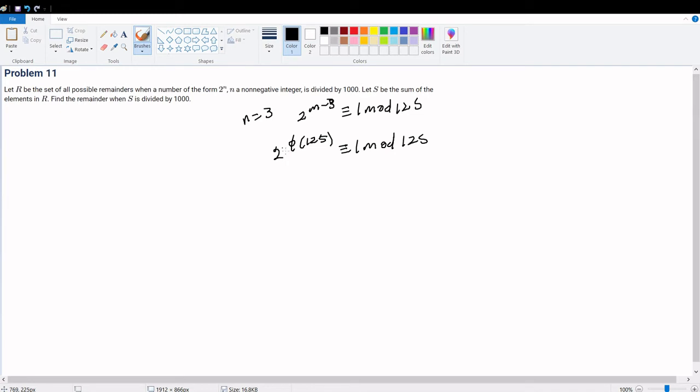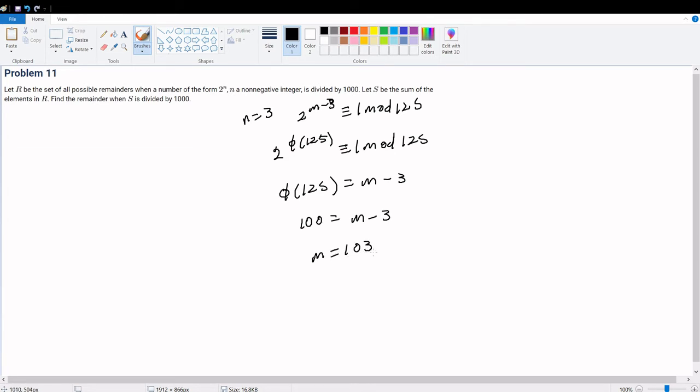Now, we can say that phi of 125 is equal to m minus 3, and phi of 125 is 100, which means 100 is equal to m minus 3, and therefore m is equal to 103.